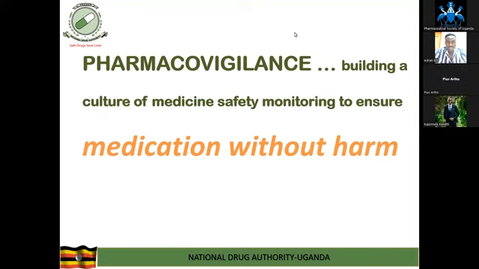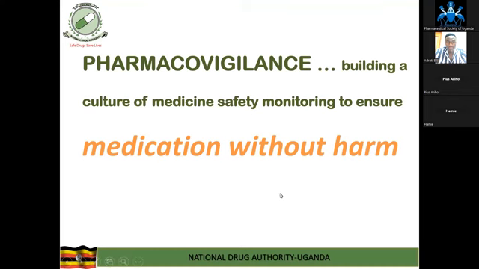So the role of pharmacovigilance is to detect, assess, and mitigate any harm that can come due to taking drugs.